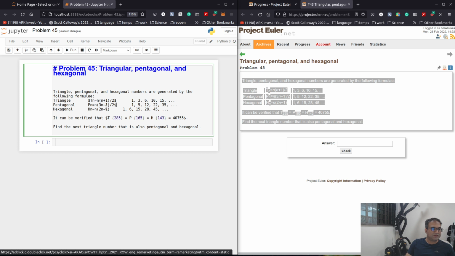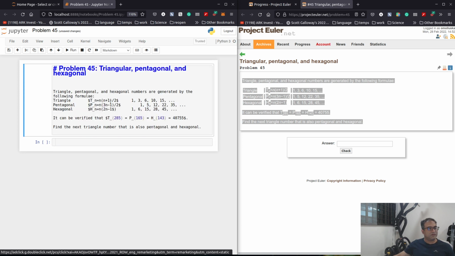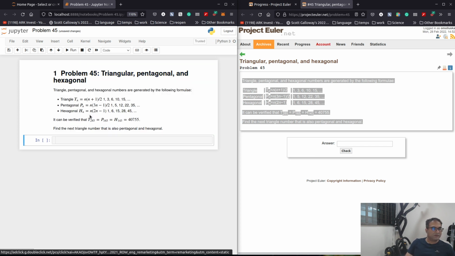Like that, like that, like that, and this is subscript, this is subscript, and this is subscript as well, like so. I think that would do it.